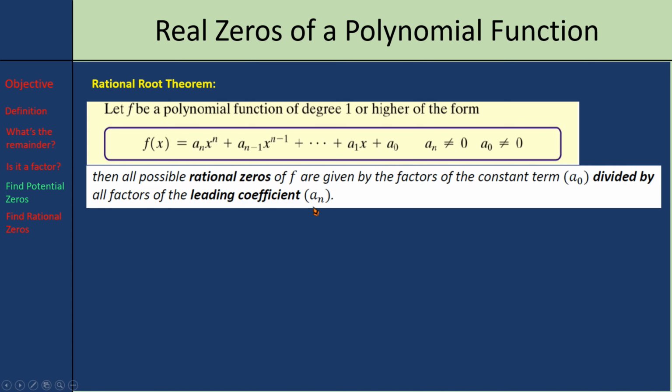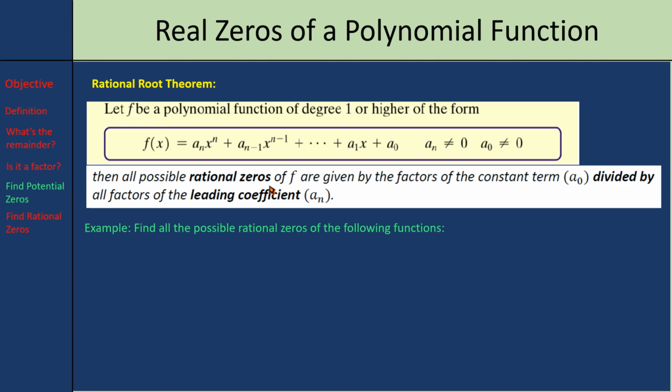Again, guys, it's important that you learn how to read this kind of mathematical definition, especially if you want to go to calculus next year. All this says is if you have this constant times x to the power of whatever, so a polynomial, the rational zeros are the factors of a0, which is the last term, divided by the factors of the first term. So let's see what that means when we do an example.